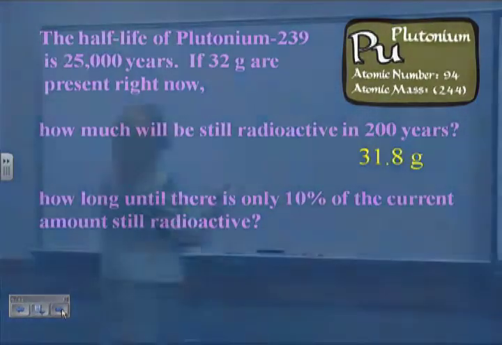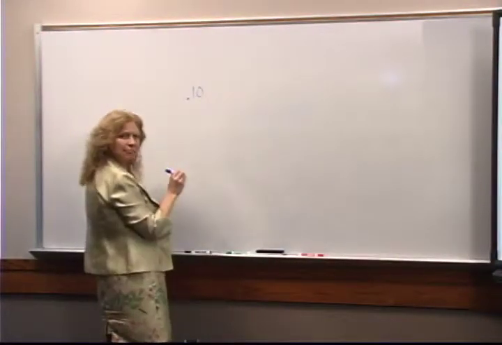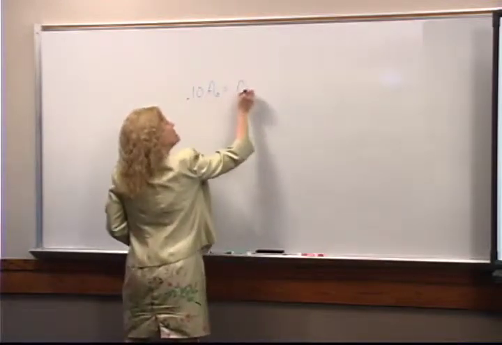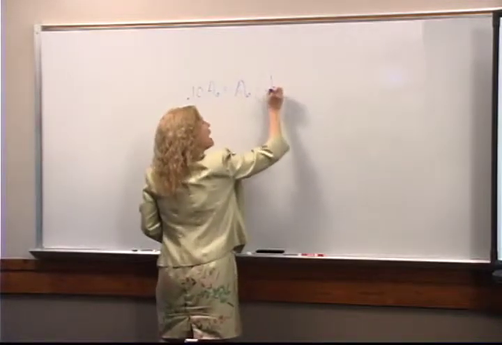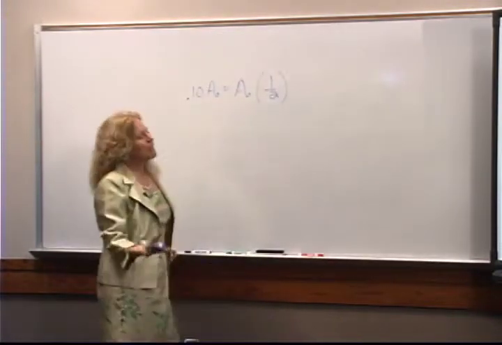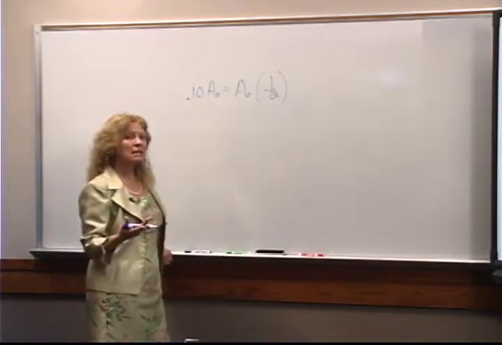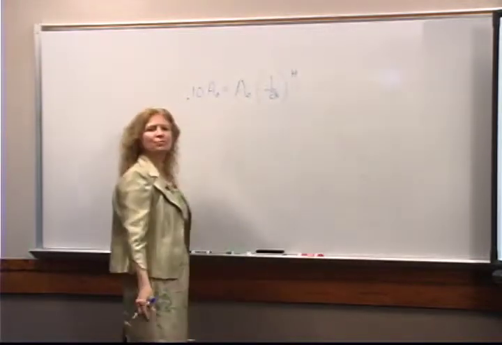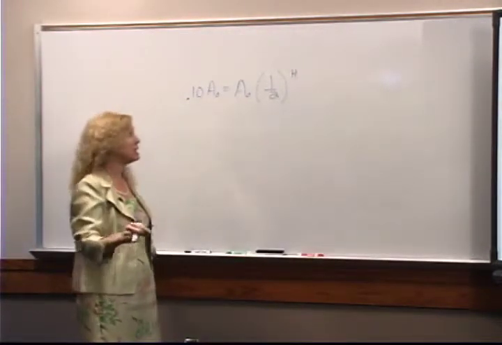I'm starting with 32. But I could also say 10% of my beginning amount is going to equal my beginning amount times 1/2. And you can choose how to deal with this exponent. A lot of times I simply say raised to h, and I know what I mean h to be.